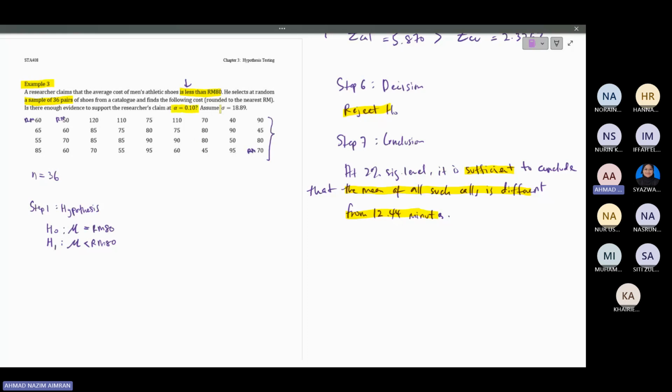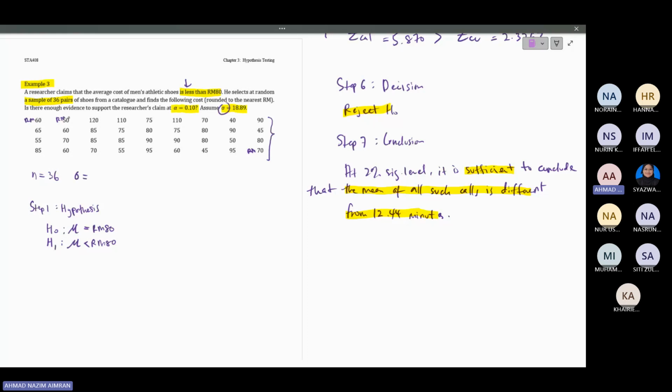And assume that the standard deviation of the population is known. Now, you need to be very careful here because the symbol used here is sigma instead of S. So if sigma is given, then we know that the standard deviation of the population is known.